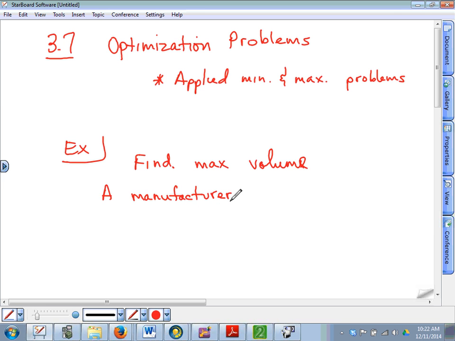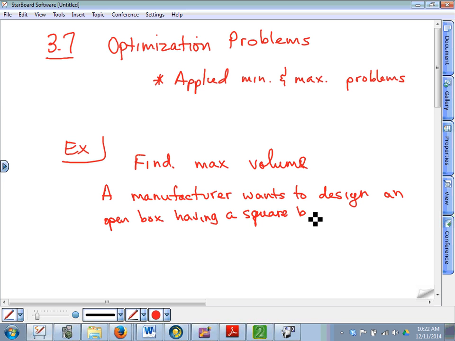A manufacturer wants to design an open box having a square base and surface area of 108 square inches.